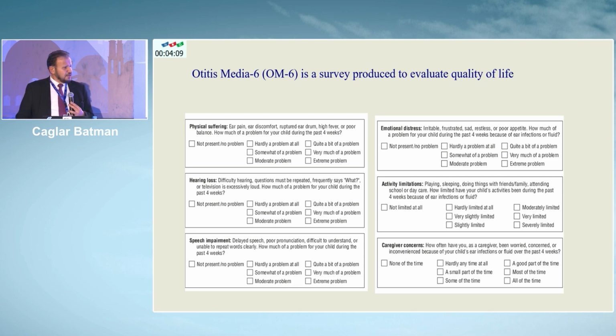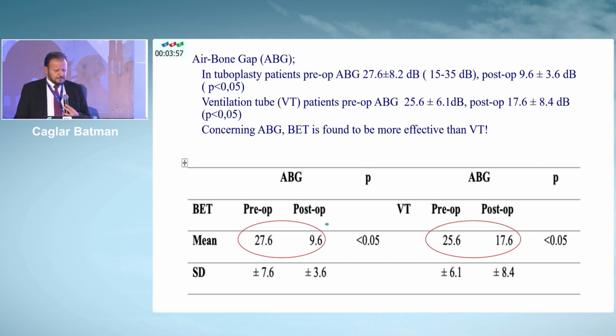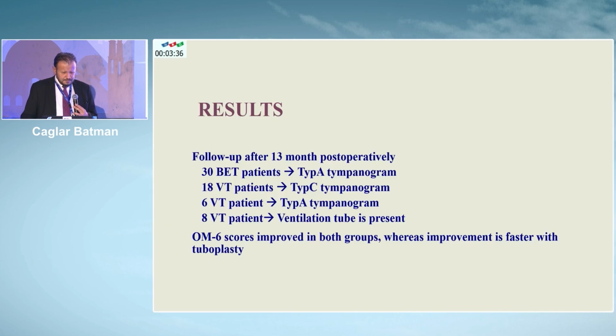And this is the criteria for measuring quality of life. We use OM6 survey for quality of life. So in our study, we have seen that preoperative air-bone gap in tuboplasty is 27.6 dB, whereas post-op is 9.6, and you see the air-bone gap also in ventilation tube insertion.